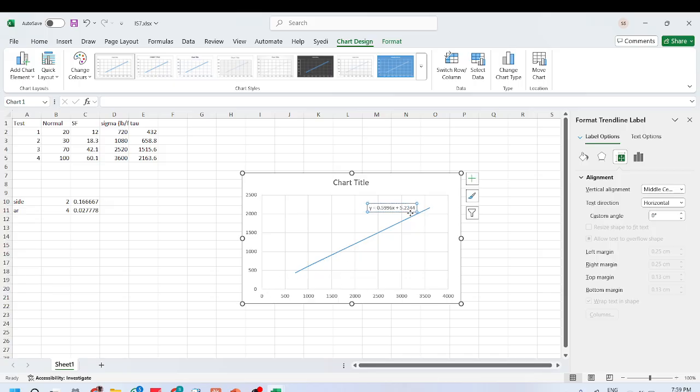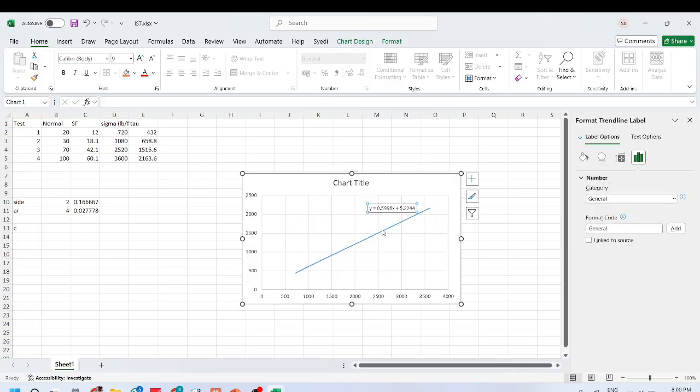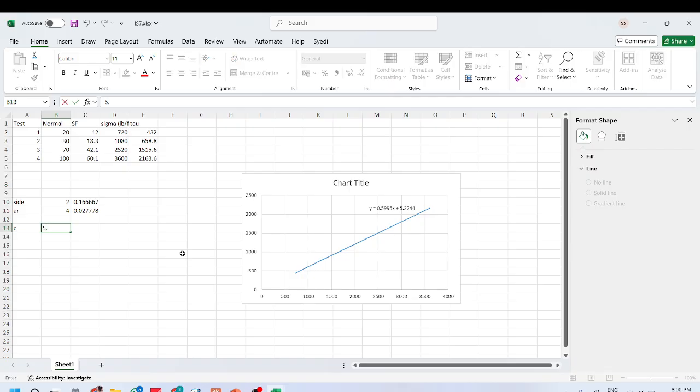We have the C value of 5.2, and we have a tan phi.